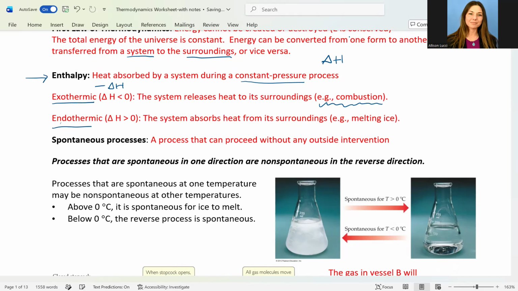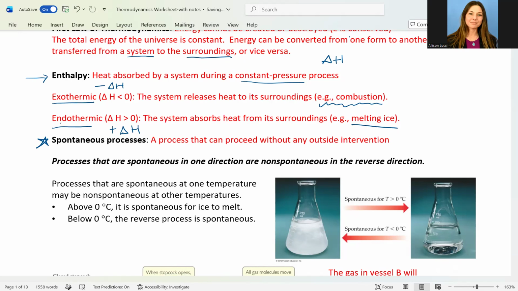An endothermic process is where we would have a positive delta H, positive change in enthalpy, where the system would absorb heat from the surroundings. An example of this could be ice melting. So again, a spontaneous process here, by definition, is a process that will proceed without any outside intervention.